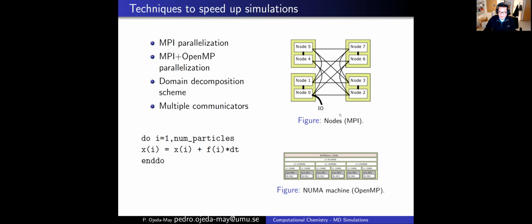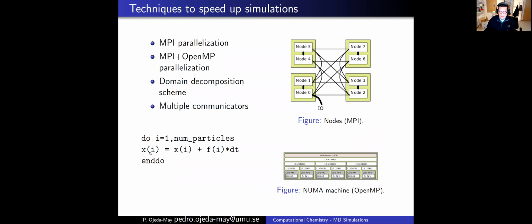And the point is that inside each node, we also have a different type of architecture. And in this case, you can see that inside one node, we have a number of cores. And these are the CPUs that will be solving Newton's equations.